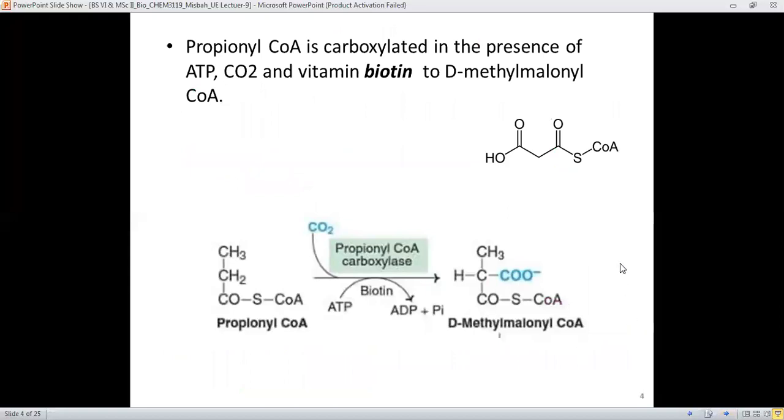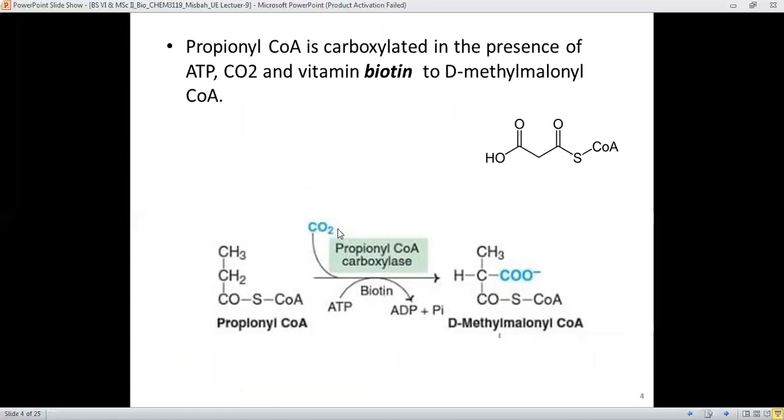Propionyl CoA is carboxylated in the first step. Here is propionyl CoA.